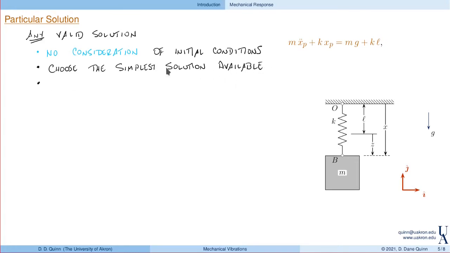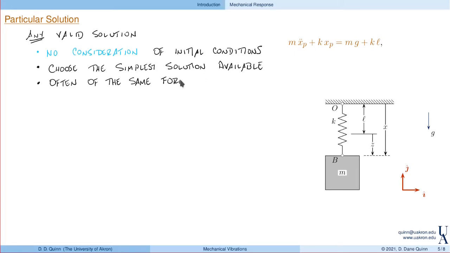The simplest solution, in fact, typically looks like the forcing itself. So whatever the forcing looks like, that's probably what the particular solution looks like.